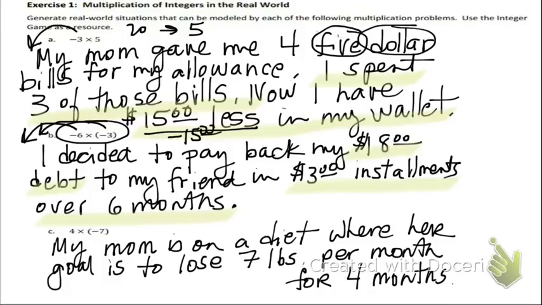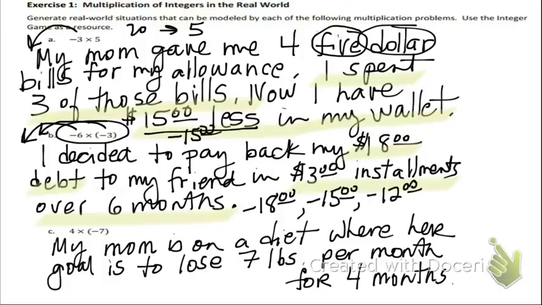So every time I pay them $3, my debt is going down by $3. So it starts out as -$18. When I pay back the 3, now I'm down to -$15. This is going to be over the course of 6 months. Now I'm down to -$12. Okay, and you can see how this is going.